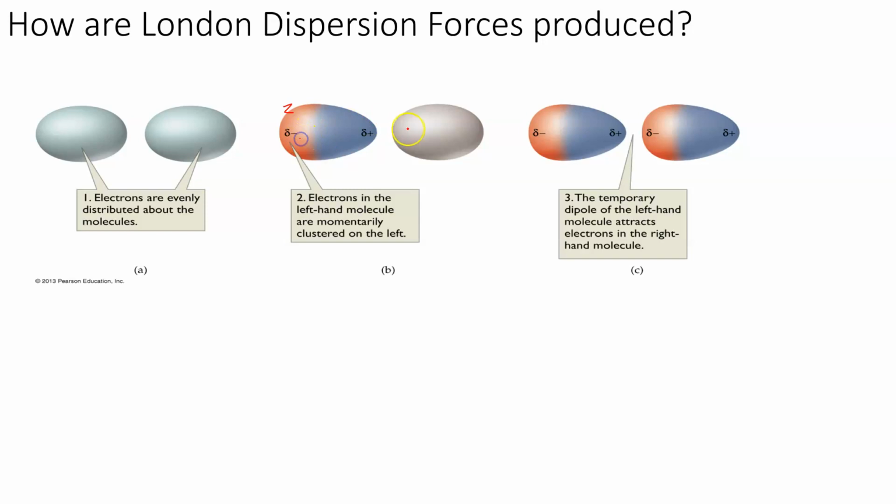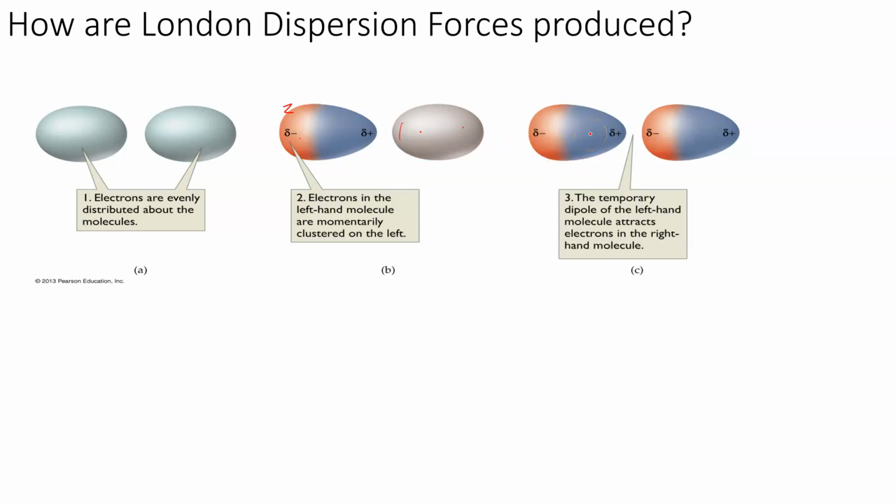Now this molecule gets near another molecule and it causes it to do the same thing. It causes the electrons that are hanging out on this side to all come on this side because they want to attract to this positive dipole. And that's what's going on. So now there's an opposite attraction between them. This one that was forced to form a dipole is called an induced dipole. Long story short, now these are both temporarily dipoles.